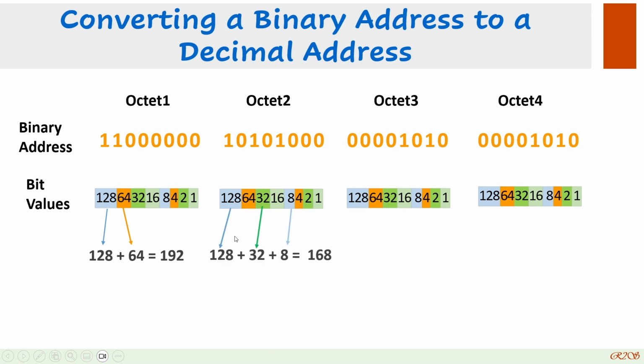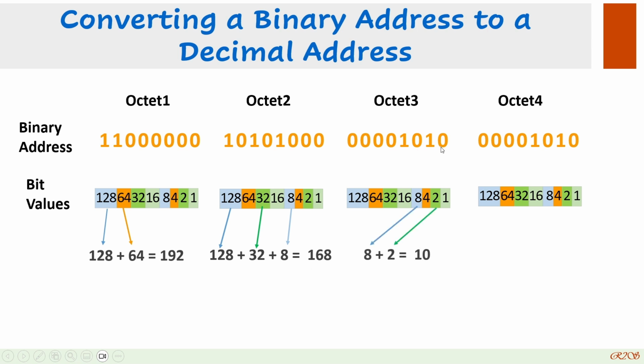In the same way, in octet 2, the 7th bit is 1, the 5th bit is 1, and the 3rd bit is 1. So we add the corresponding bit values, 128, then 32, and then 8. So we get 168.